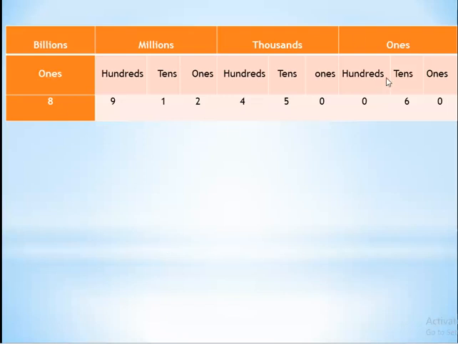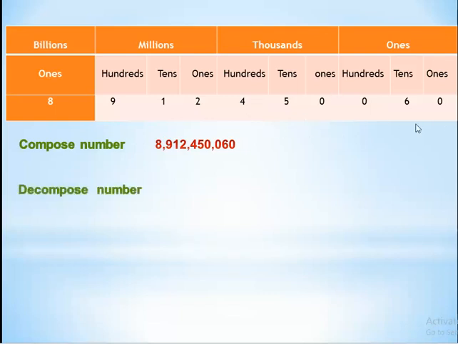Here we have this table. Compose the number. Compose the number means we will need to collect it together. So we are going to write 8,912,450,060. Decompose the number. We need to write the value of each number like the expanded form, but with multiplying by the values.